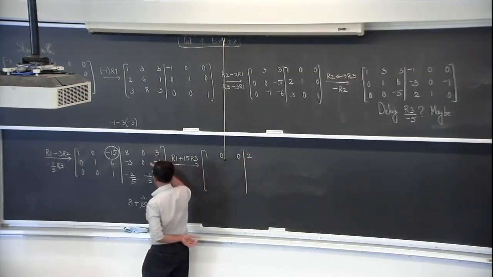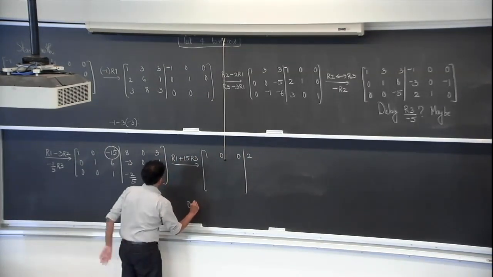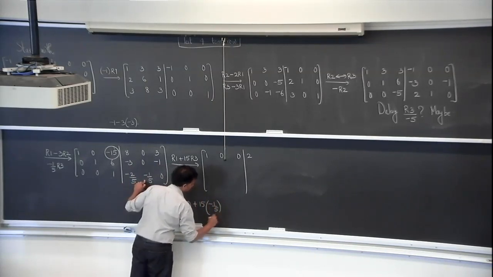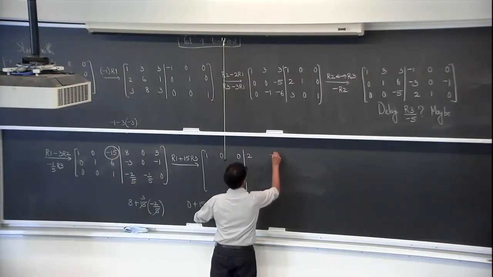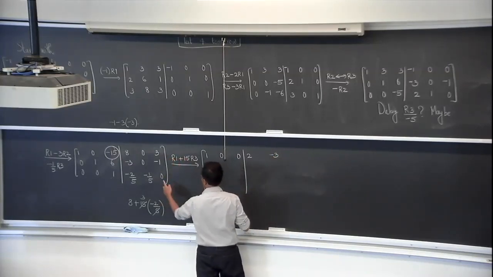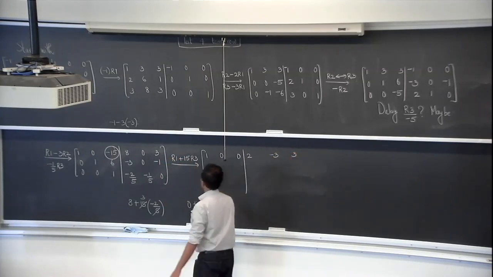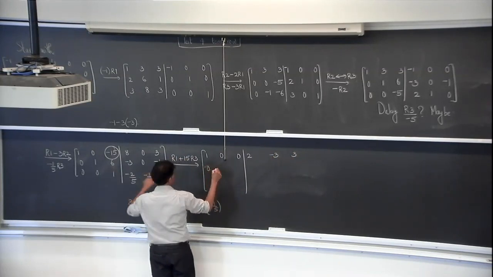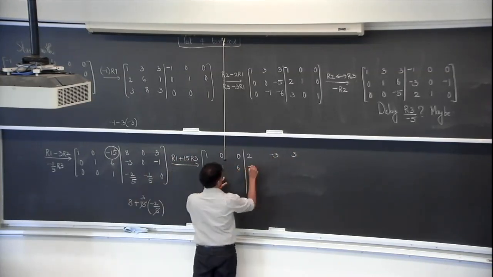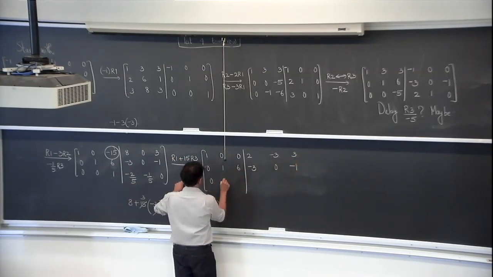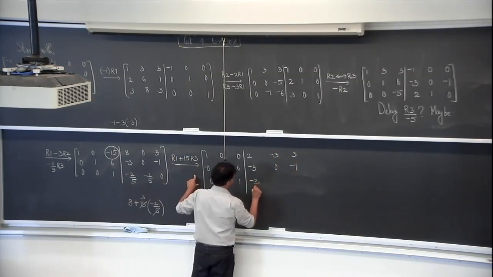We have 0 plus 15 times -1/5, which is -3. And 3 plus 15 times 0, that's 3. 0, 1, 0, 1, 6, -3, 0, -1, 0, 0, 1, -2/5, -1/5, 0.